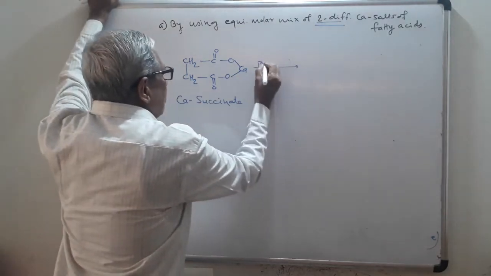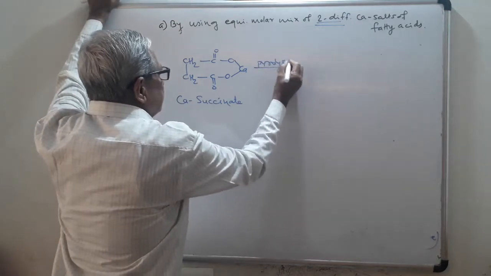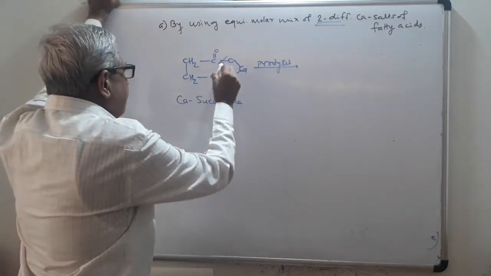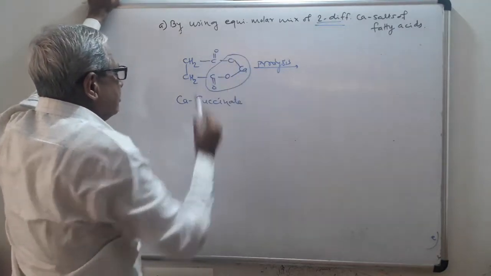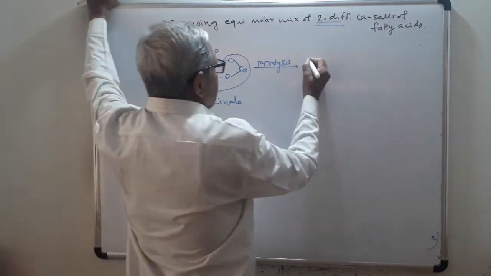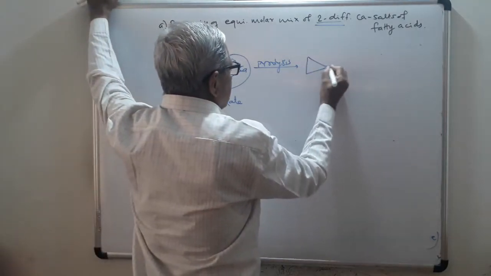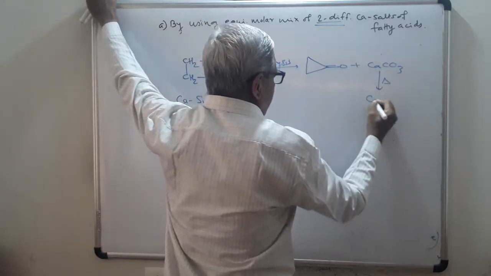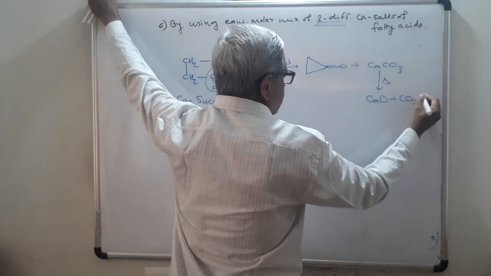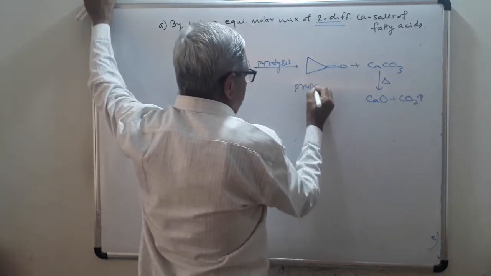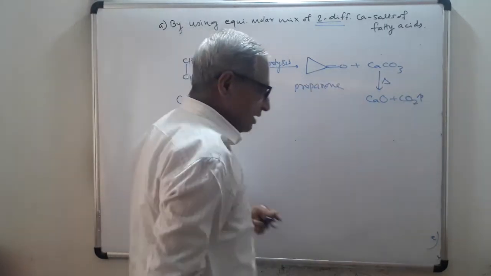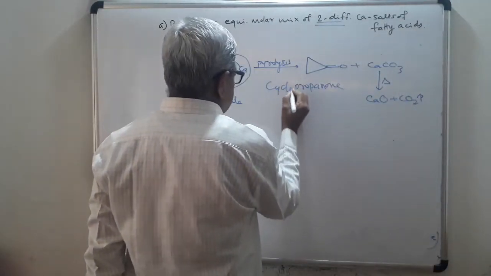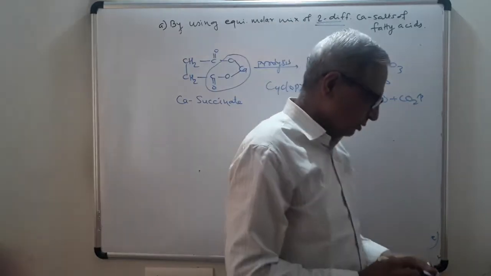When you will do the pyrolysis, that is a dry distillation, you can easily remove here CaCO3, calcium carbonate, and you will get here the structure like this, plus CaCO3. Heating is continued here. You will get CaO and CO2 gas will give off, and it is known as a propanone. In this way, cyclic ketones can be prepared by this method, cyclopropanone. This is known as cyclopropanone.